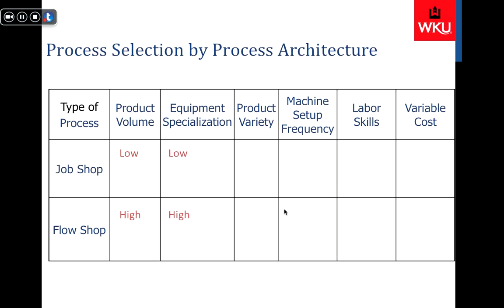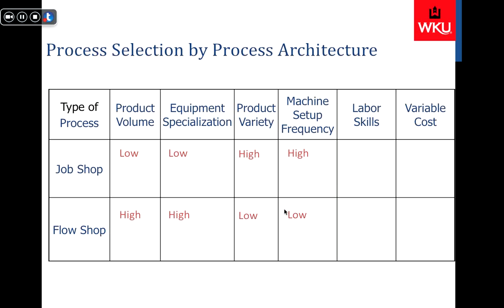So the specialization is extremely high. That machine is only taking care of product A or product B.